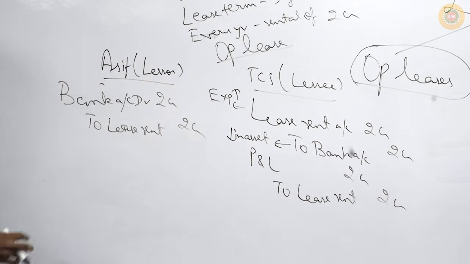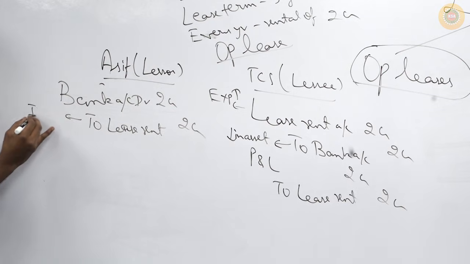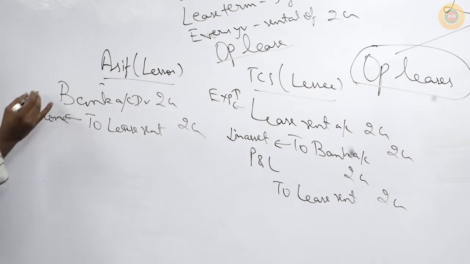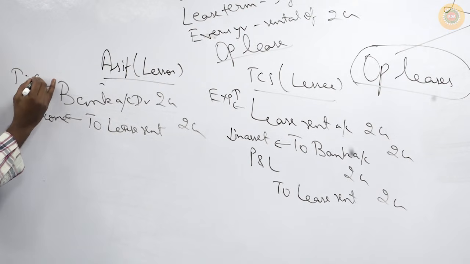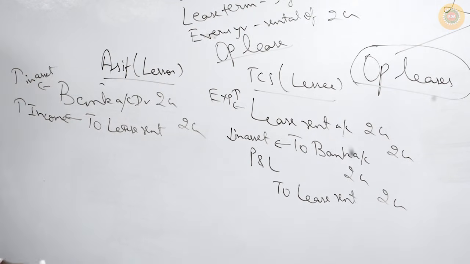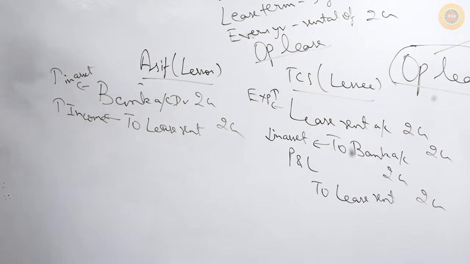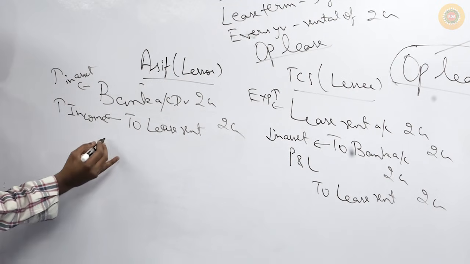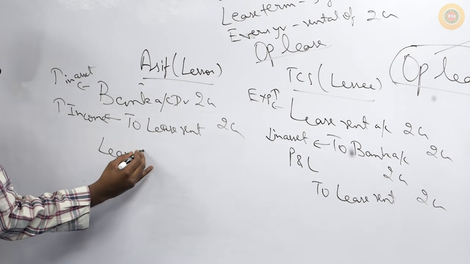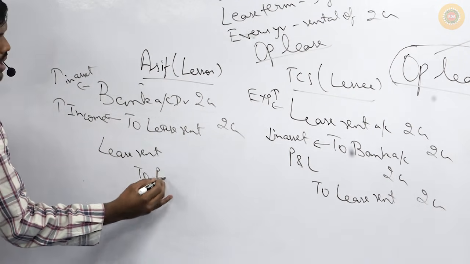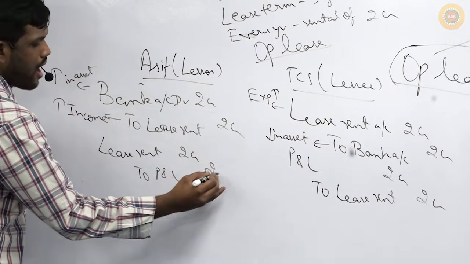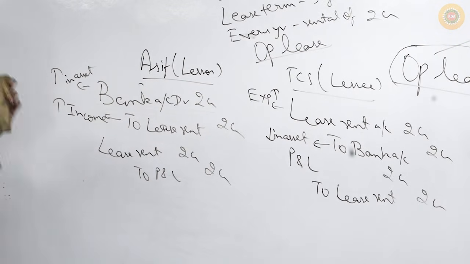This lease rent is an income for Asif, so there is an increase in income which we are crediting, and an increase in asset which we are debiting. This lease rent will be closed and transferred to P&L. So lease rent account debit to P&L account is the entry Asif will pass. Clear, everybody? What is the entry in the books of the lessee?